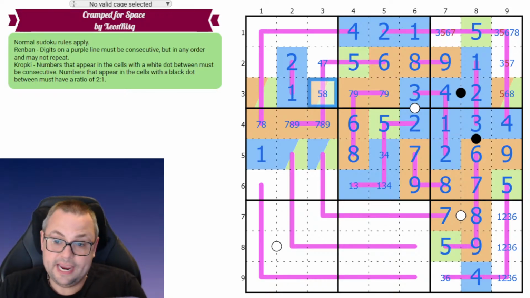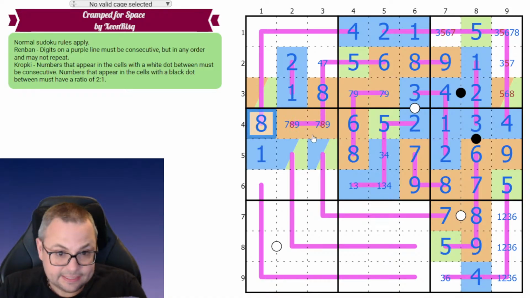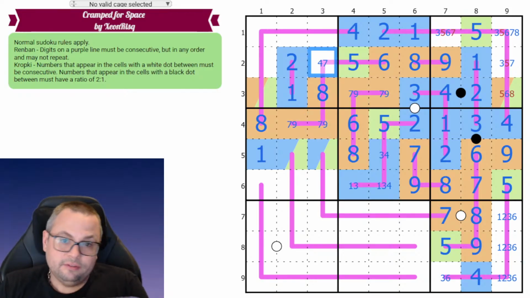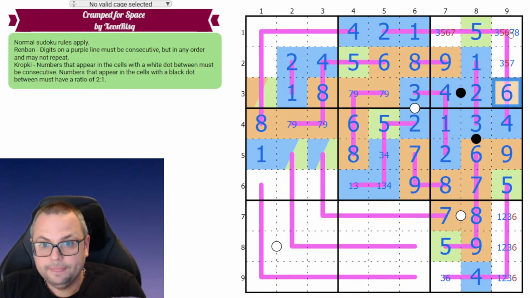Okay, so now this is an 8, because it's not green anymore, because there's already a 7 on here. So neither of these is an 8, and that is 7, 8, 9, and so that's the 4. This is a 6, which is not green, by the way. This is blue.